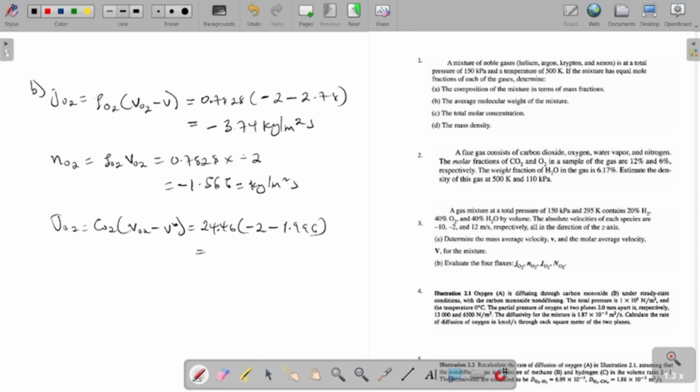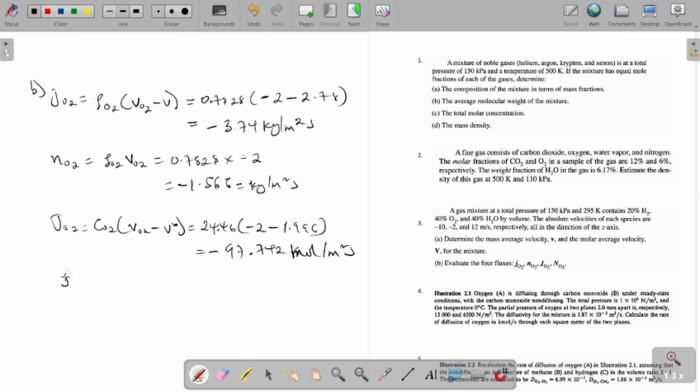Right, so now we're getting 24.46 multiplied by minus 2 minus 1.996. So I'll be getting negative 97.742, right? So I have mole per meter squared second.